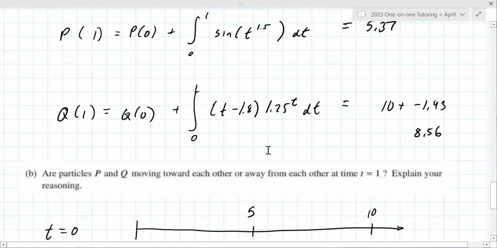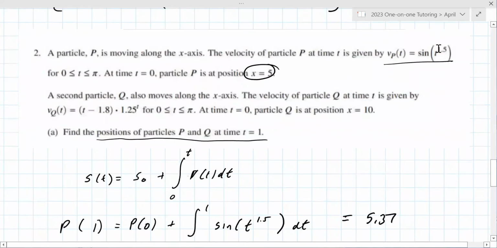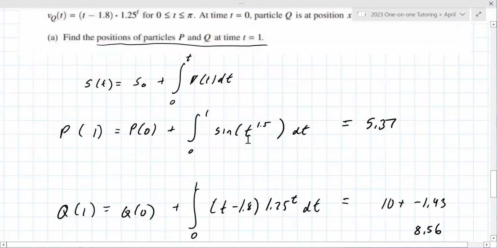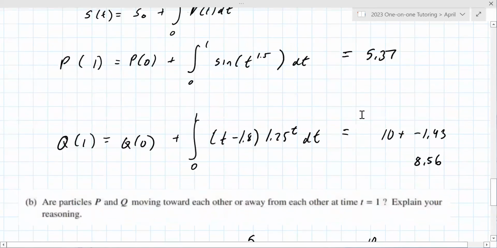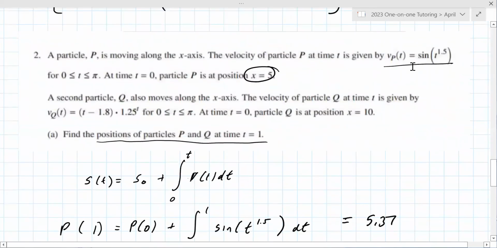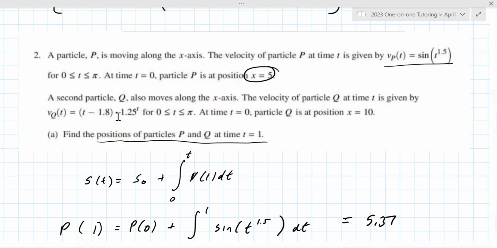But I'm sorry, I've got to be careful here. That would be true if you had the original function. You don't have to do that because you have the derivative. So all you've got to do is evaluate the derivative at 1 and the other derivative at 1. nDeriv works if you're given a function and want to find the derivative at a point; it will do that for you.